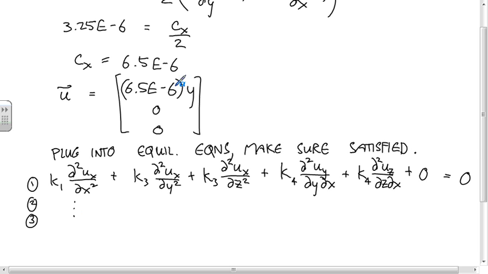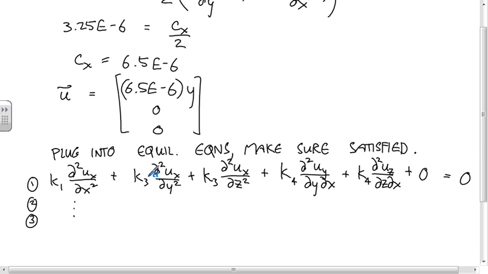But basically, we want to plug our expression for the displacement into this equation and make sure that it holds. Well, you can see it's going to hold because all of these are second partial derivatives, right? The only non-zero term here is linear in y. And so ux with respect to x is 0, with respect to z is 0. These are 0, right?